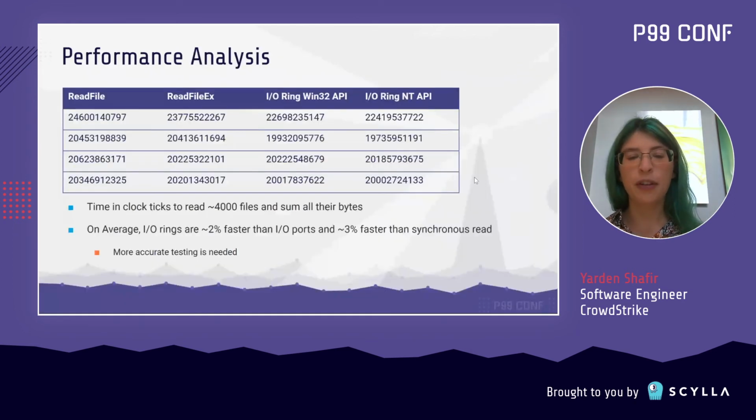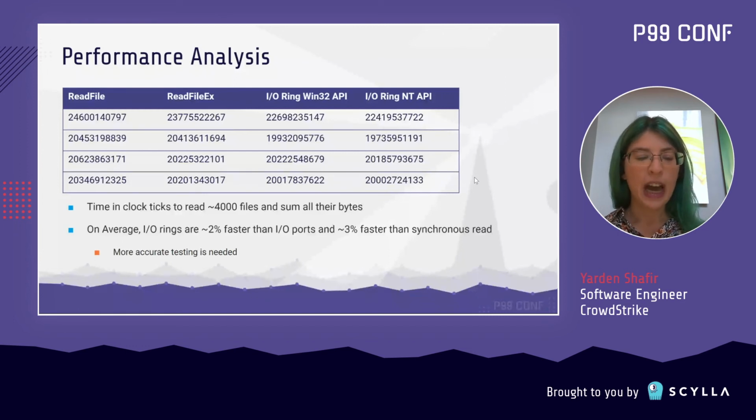Now for the most interesting part for most of you: how does this actually affect my application? Because one of the benefits of IO rings is performance improvements. That's why we're doing asynchronous IO operations. I'm not a performance expert, so the numbers here are pretty rough, and we need more performance analysis done on different systems, on different CPUs to get more accurate numbers.